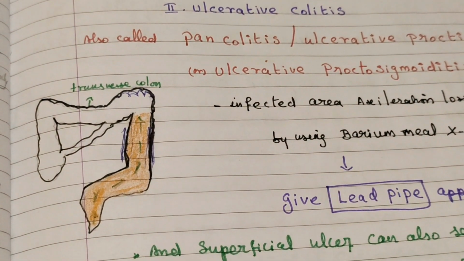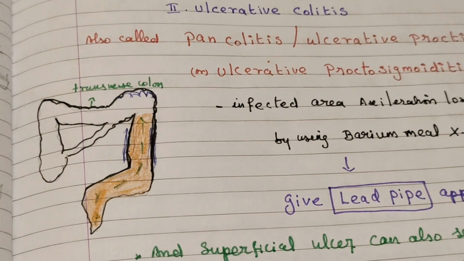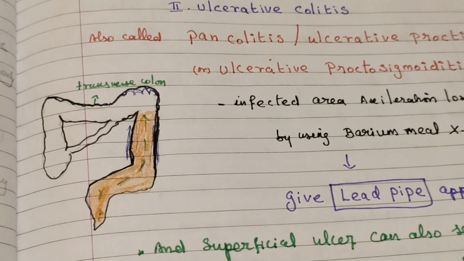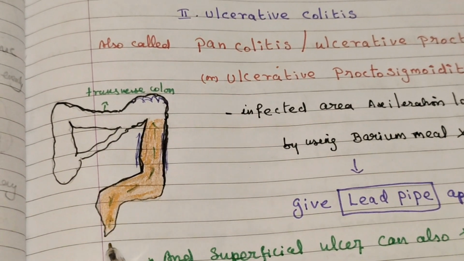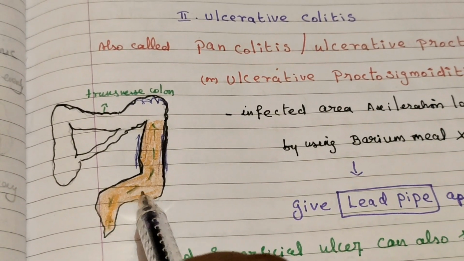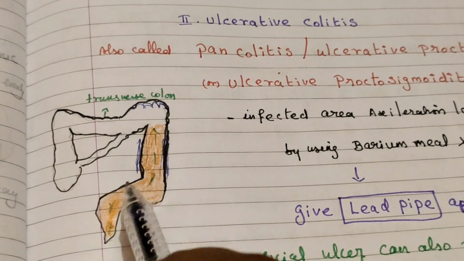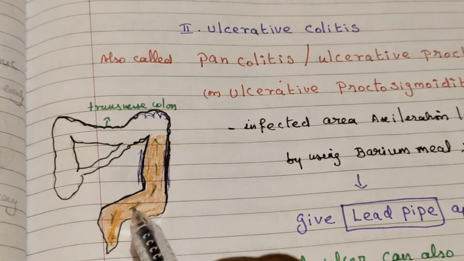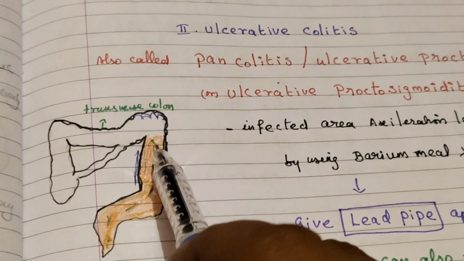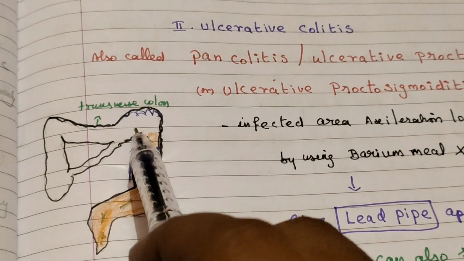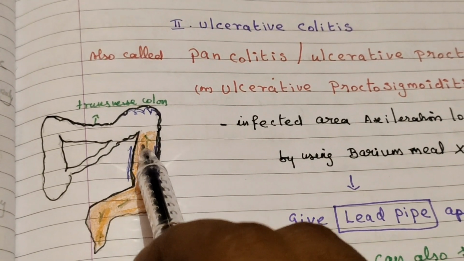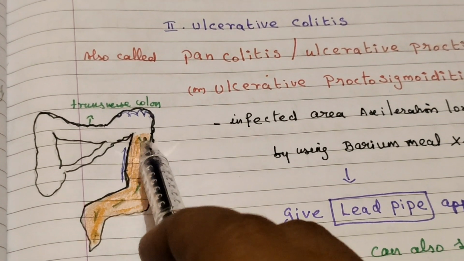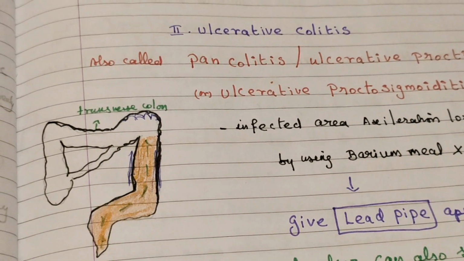Superficial ulcer can also be seen in ulcerative colitis. It begins with the rectum and progresses forward. It never extends beyond the transverse colon.